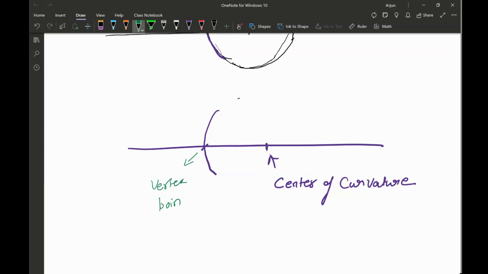What is the vertex point? Where the mirror cuts the axis. Which axis? This axis, the X-axis. And the midway point between the vertex and the center of curvature is called the focal point.